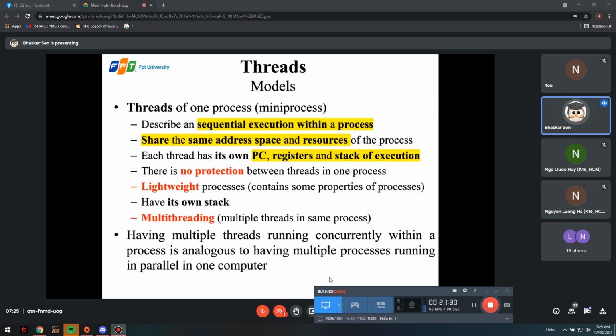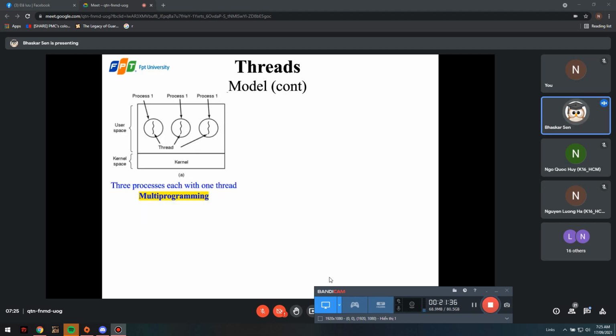Now the second thing, then we will move on to the benefits. As you can see, we will move on to the benefits and we will try to see what we can find there.